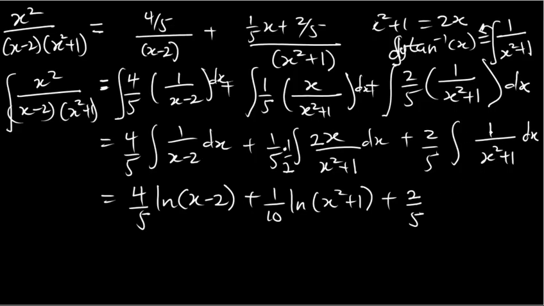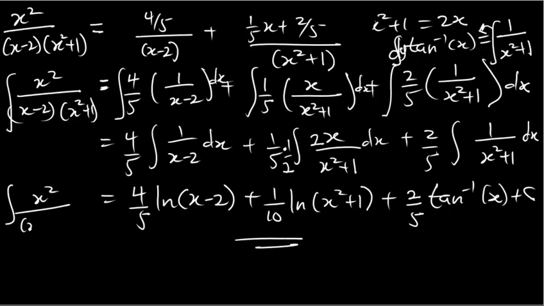X. Therefore, integral of 1 on x squared plus 1 is tan inverse of x plus your constant c. So this is the final answer for the question integral of x squared on x minus 2 x squared plus 1 squared.